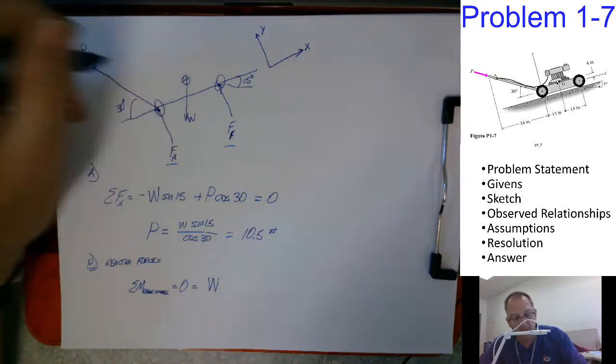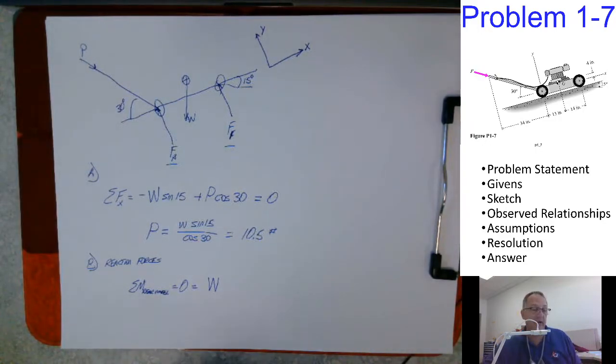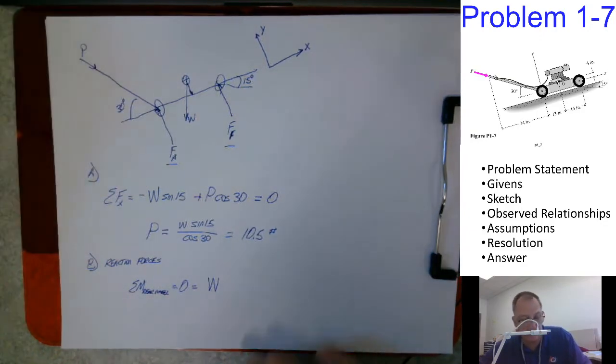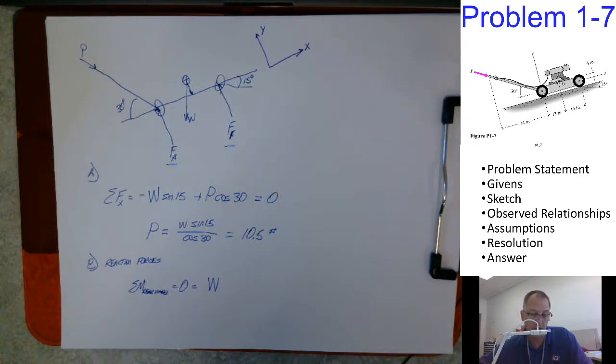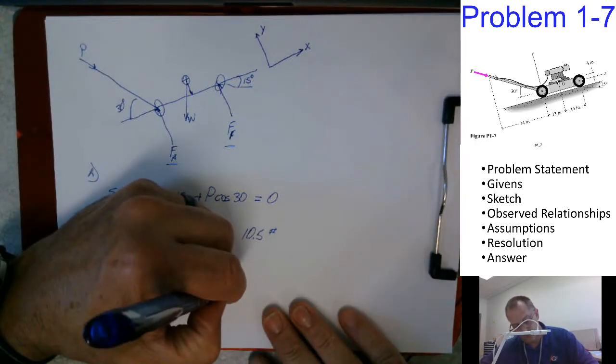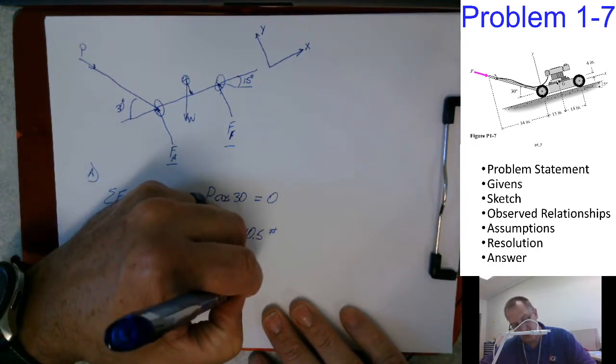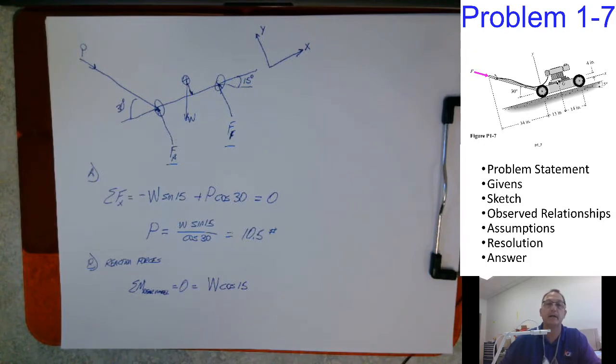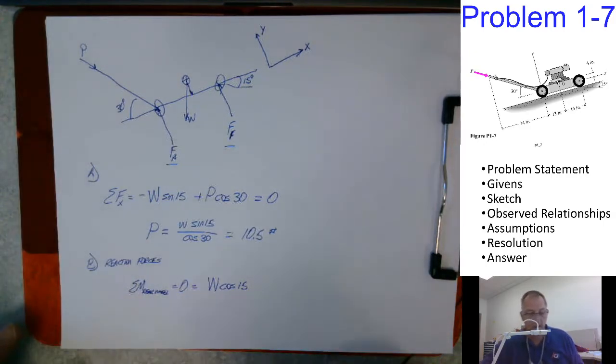If I use the same coordinate system, now we're going to have to start getting fancy with directions and everything else. The force that's going in that direction is W cosine of 15 degrees. And then I need to know where that CG is.